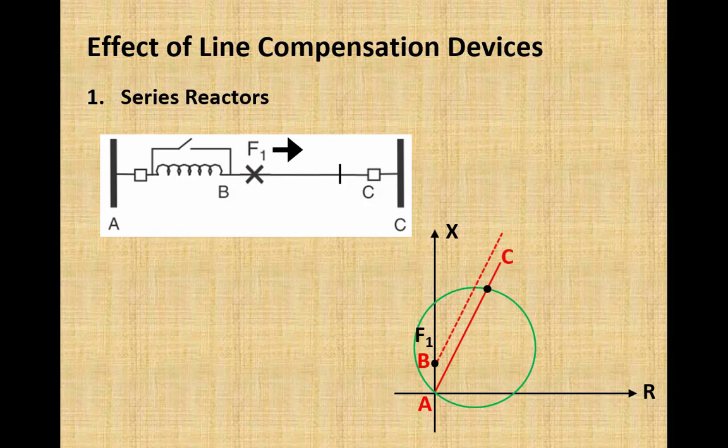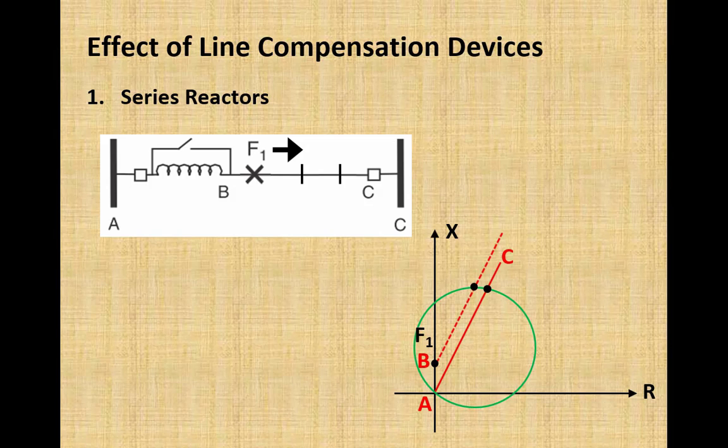As we move from point B towards the other end of the line C, we are moving along this dotted line, which is the line impedance shifted upward due to the presence of the series reactance. We would reach a point where the line impedance moves outside the relay operating characteristic, and here is that point on the RX diagram.